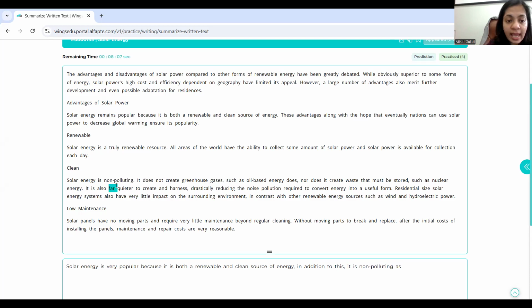as it does not create greenhouse gases such as oil-based energy does.